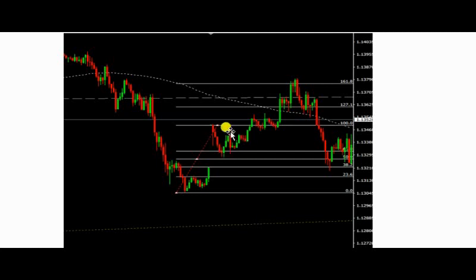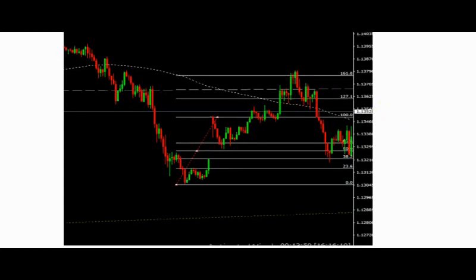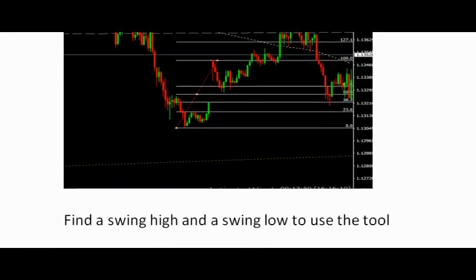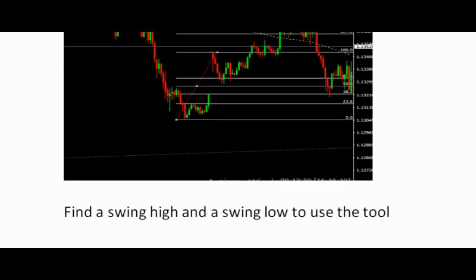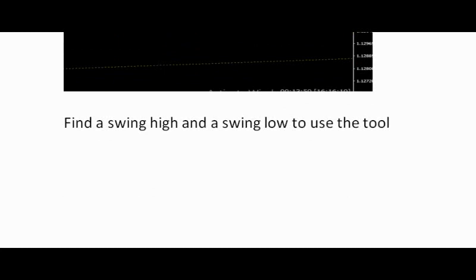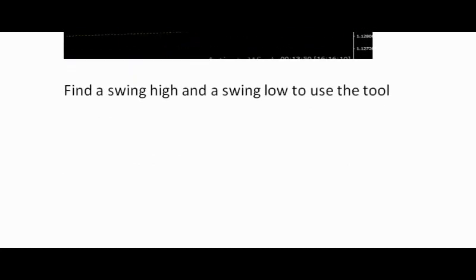And then it bounced, broke the high, retested the high, retested it again in a trend line, and went to the extension of the Fibonacci. This is what happened on the euro dollar chart, and this actually happened as I was trading it. So find a swing high and a swing low to use the tool.